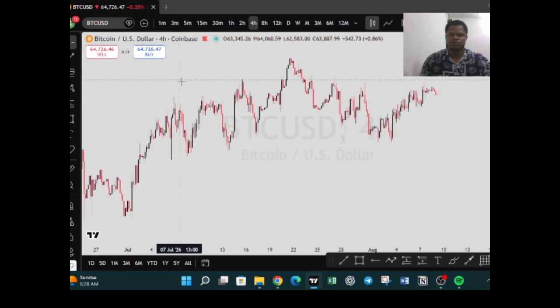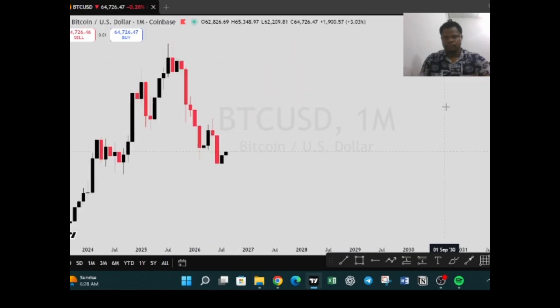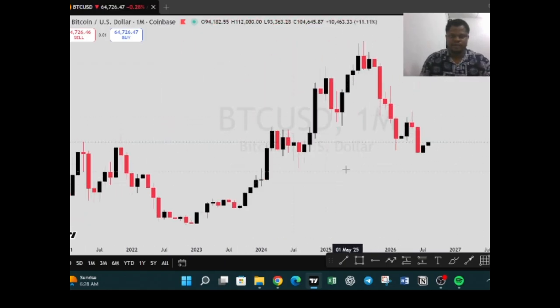So for BTCUSD, let me see what I can use. BTC on the monthly time frame, based on how we trade, you can see that this was a sweep.